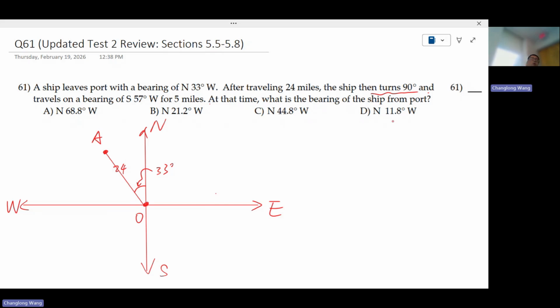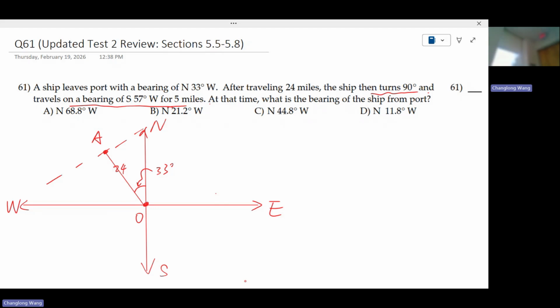What do you think? Did the ship turn clockwise or counterclockwise, so that it will be moving in that direction? Can you imagine what that direction looks like? South 57° west. Let's say we have a dashed line which is perpendicular to the direction OA.